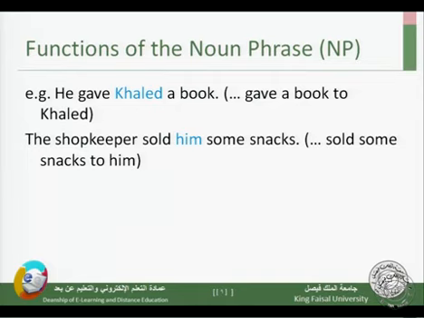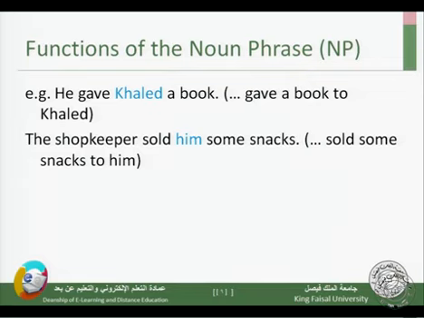So Khalid is the indirect object and a book is the direct object. This is a way to make things simpler, but it doesn't work every time. In some sentences you can't do this, but in a great number of sentences, you can do that.